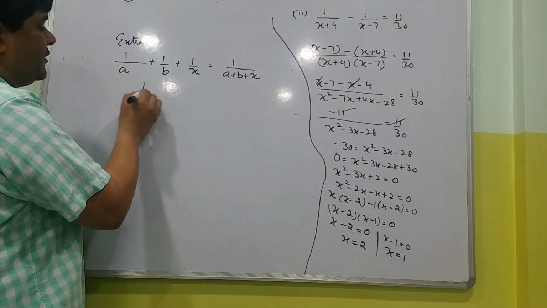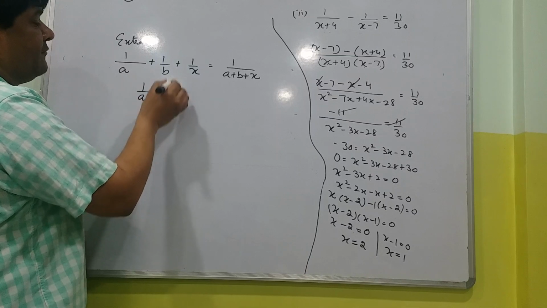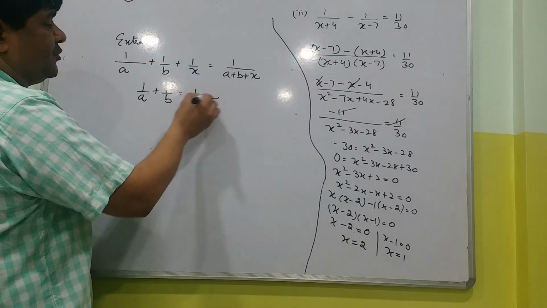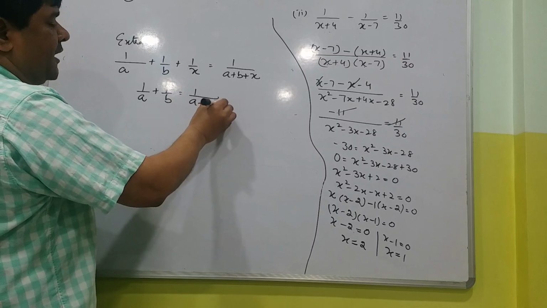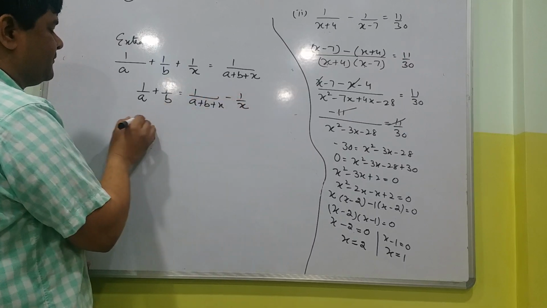So what you will do, you will keep 1 over a and 1 over b here, and move 1 over x to the left side, right?